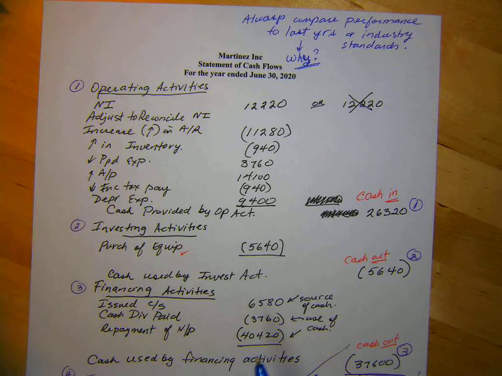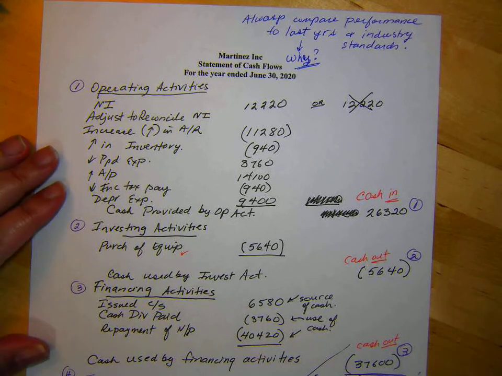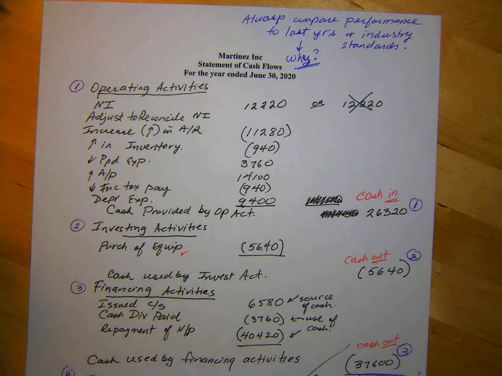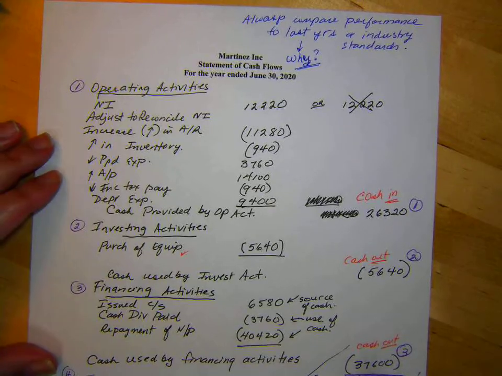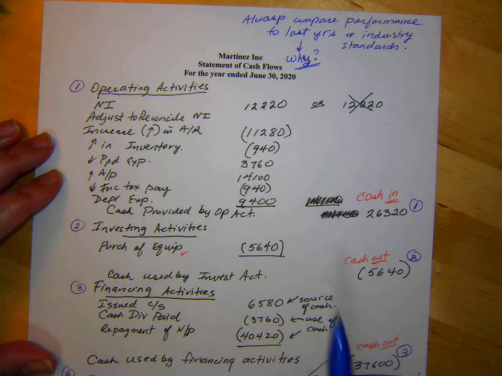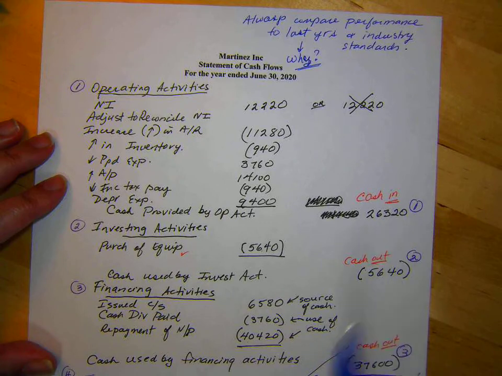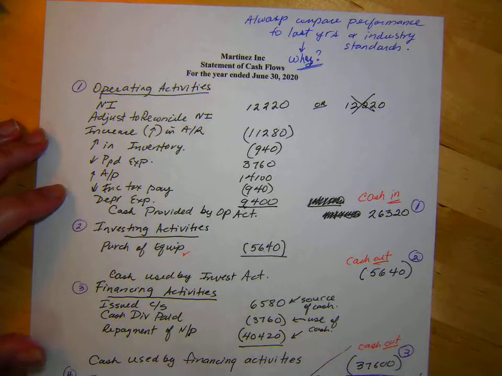But what if you looked at someone else in your industry, or the ratios for businesses in your industry, and all of them had much, much higher numbers here. They were positive, and their operating activities were much higher, relatively speaking.